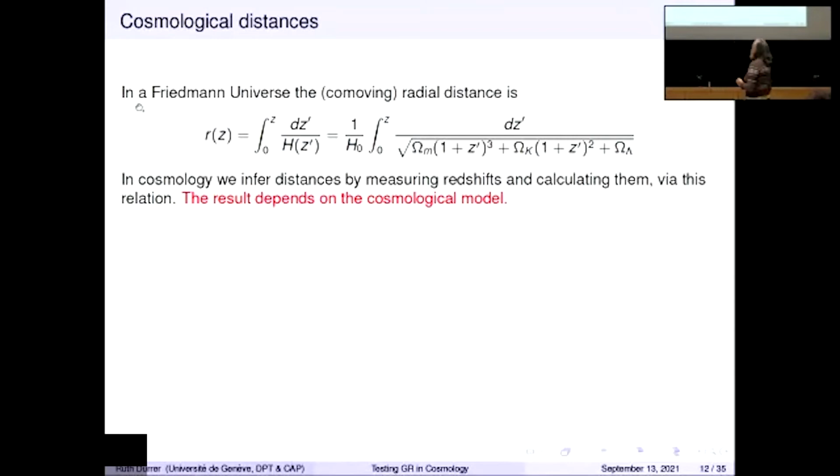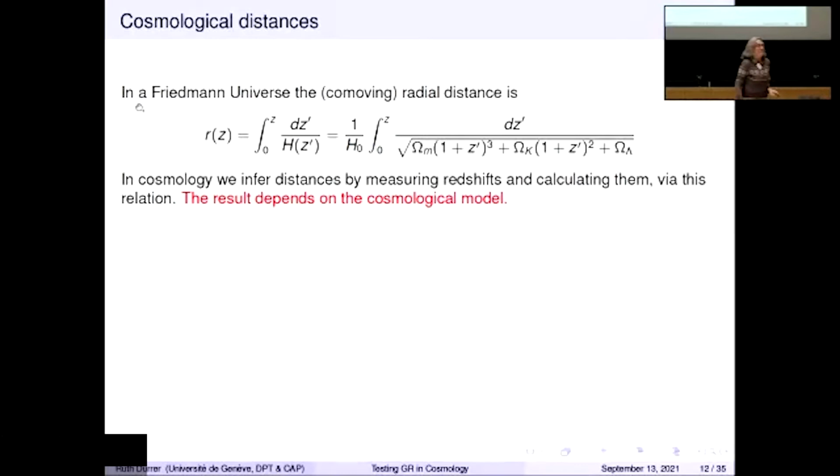If you calculate the comoving distance out to a given redshift, again, you have this Hubble parameter as a function of redshift. And this depends on the matter content of your universe. Here I just took as an example matter, curvature, and the cosmological constant.